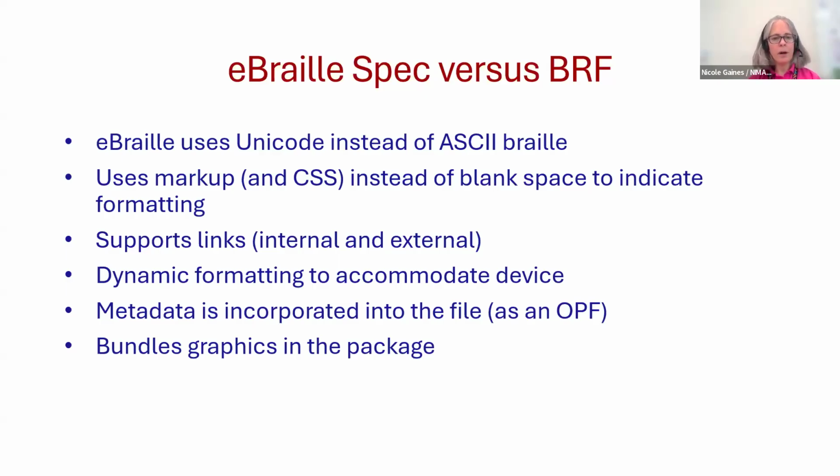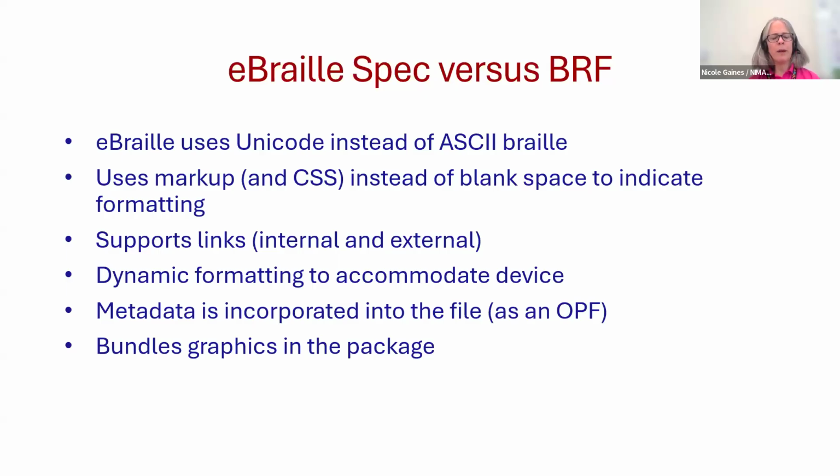That's not something that's possible in a BRF file. And you also have the opportunity to have external links as well, hyperlinks. If there is a hyperlink in a book, and your device also happens to have a browser, you can click on that link and open that website in your browser and go directly to that page. So just a much more robust format.